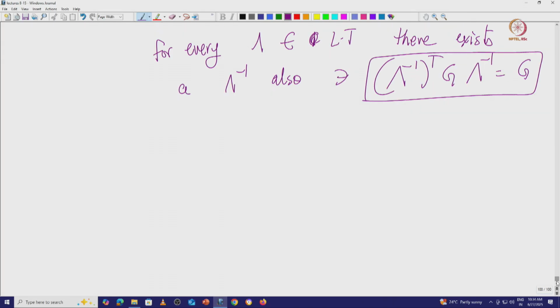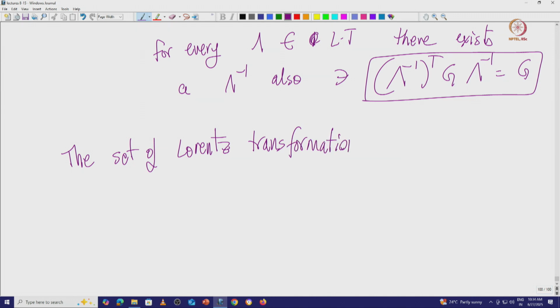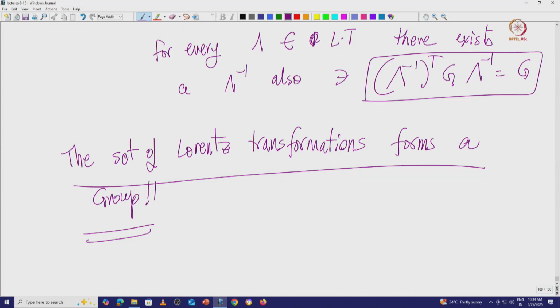So this means the set of Lorentz transformations forms a group.